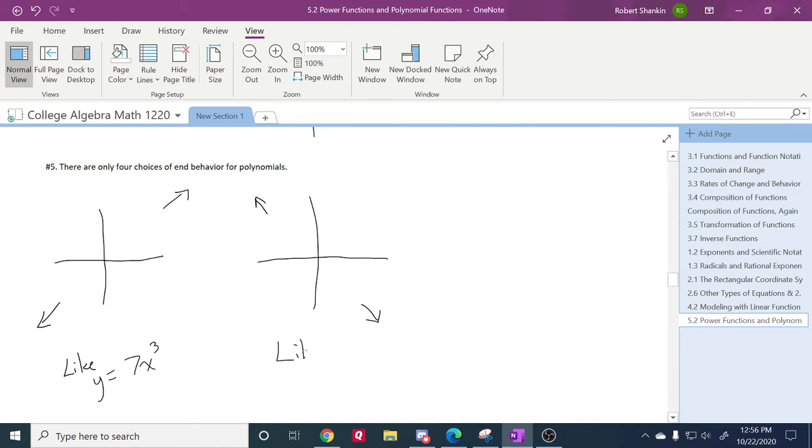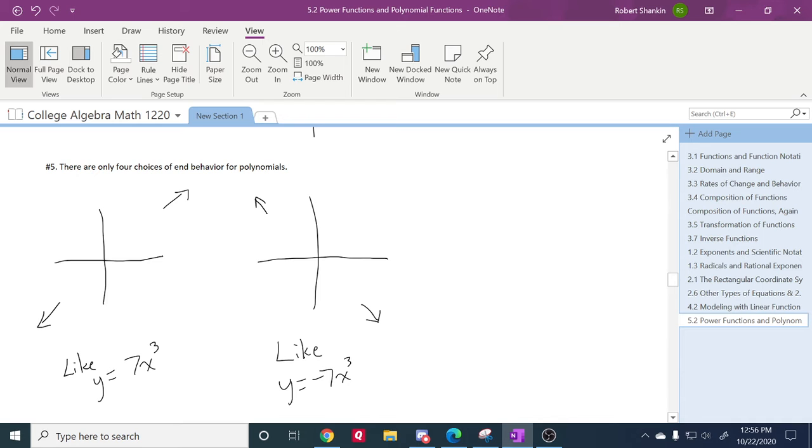This would be like y equals negative 7x cubed. Because when x is a really large positive number, x cubed is very positive, but you're going to wind up taking the negative of it. So large positive inputs are going to give you negative outputs. But with large negative numbers, this part will be negative, and it'll be a double negative, making positives over here.